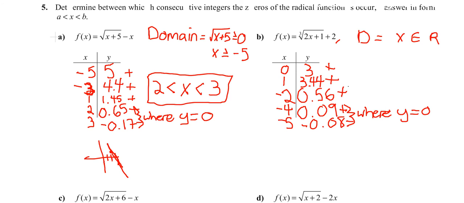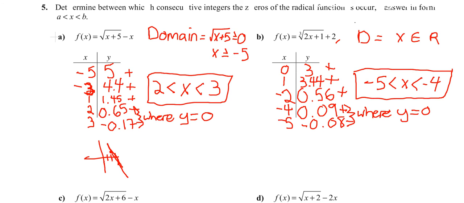So now we know that the point has to be greater than -5 and less than -4. There's the answer. So that's what they're all like.